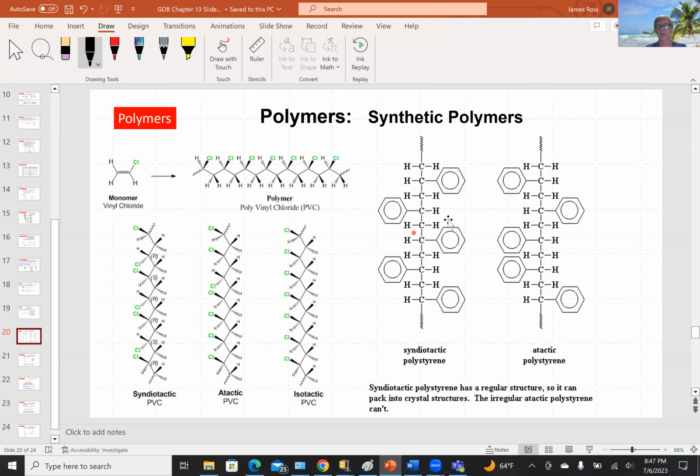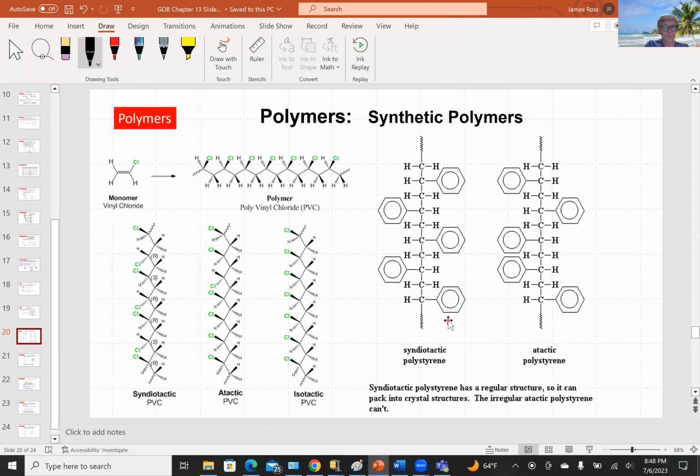Here you can see another, this is polystyrene. Here we've got a benzene ring, this funny hexagon with a circle in it. This is the aromatic structure that we're going to see in a few minutes. It's the one example of an aromatic structure that we typically encounter in Chem 51.